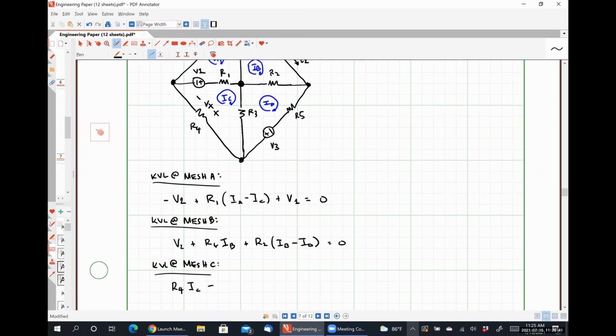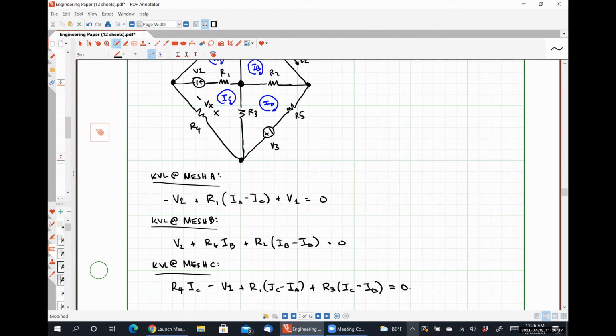Then I see the negative polarity terminal of voltage source V1. Then I see resistor R1, where R1 will have a total current of IC minus IA flowing through it. Then I see resistor R3, which will have a total current of IC minus ID flowing through it. And I set that equal to 0. Any problems there?